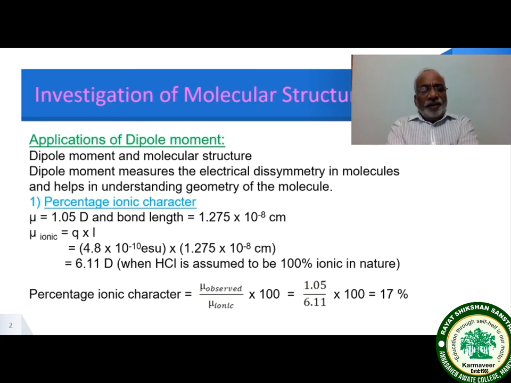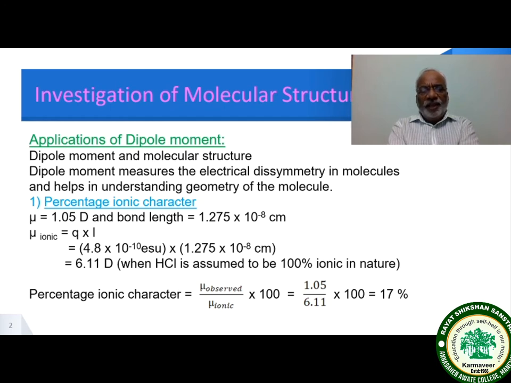So the percentage ionic character associated with hydrogen chloride can be evaluated by mu observed upon mu ionic into 100, which gives you 1.05 upon 6.11 into 100, around 17, and that is in percentage. So percentage ionic character is 17%.